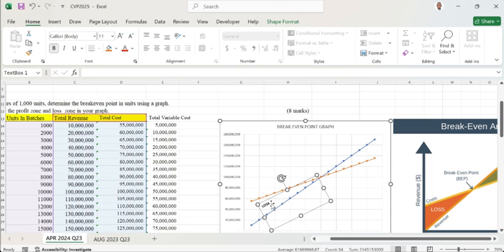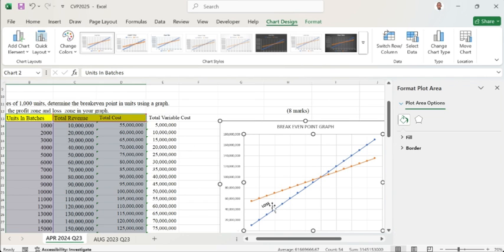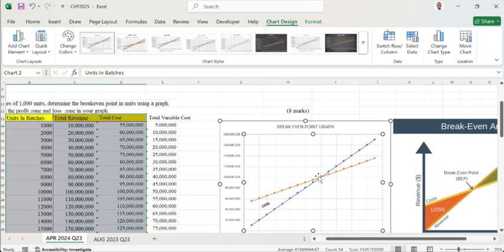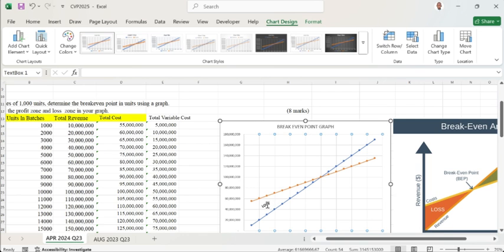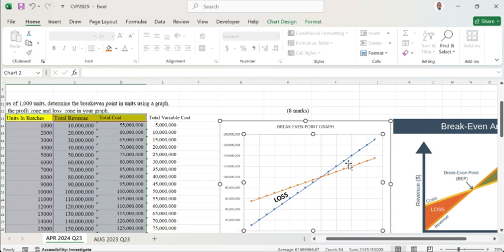Click text box, come and draw. So you can come and write anything there. We can write loss. Let me write in bold, and drag it there. Then I can adjust it like that.